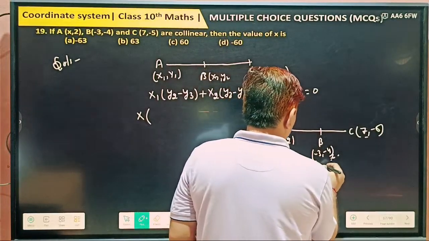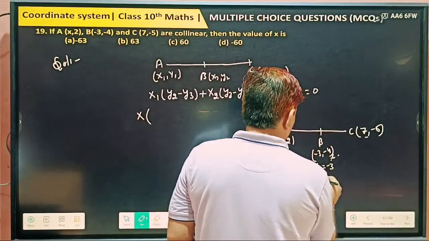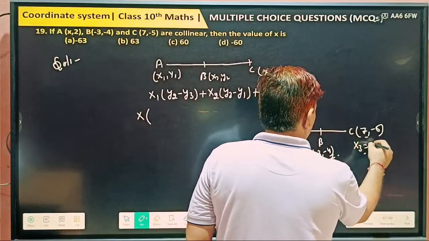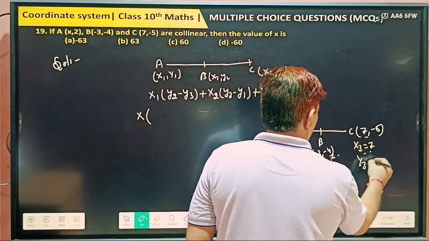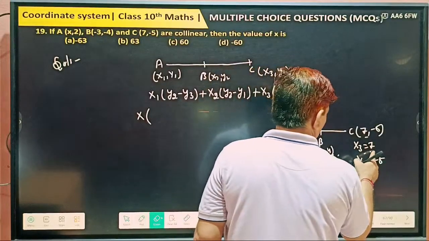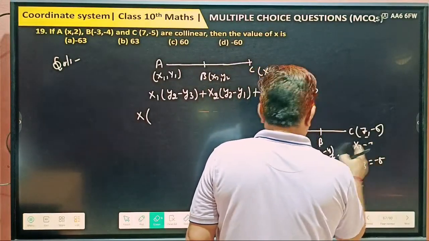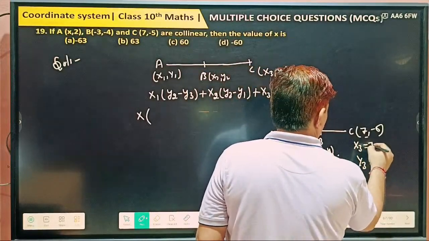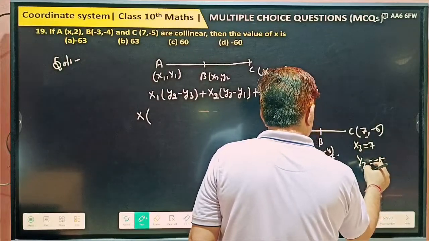Here x2 equal to -3, y2 equal to -4. Here x3 equal to 7 and y3 equal to -5.